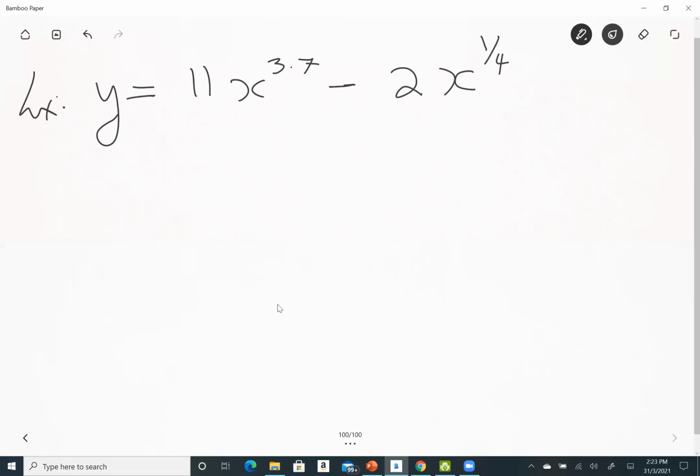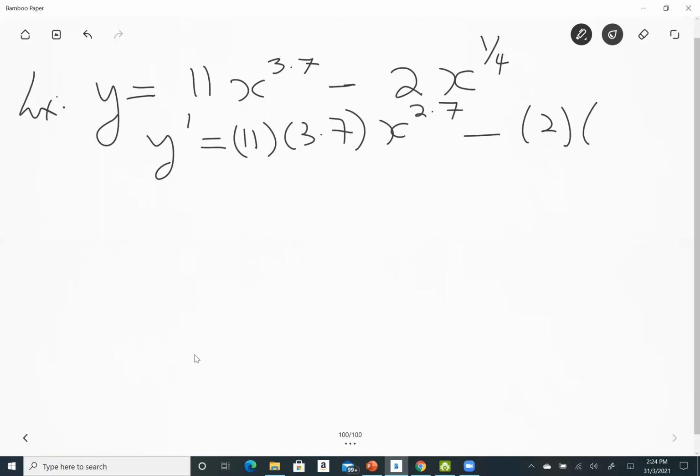Take the derivative of each term, maintaining the negative sign. So what is y prime? y prime is equal to 11 multiplied by 3.7, reduce the power by 1, so that becomes 2.7. Then keep the sign, and differentiate the next term: 2 times 1/4 x, reduce the power by 1, that becomes negative 3/4. So that is the difference rule.